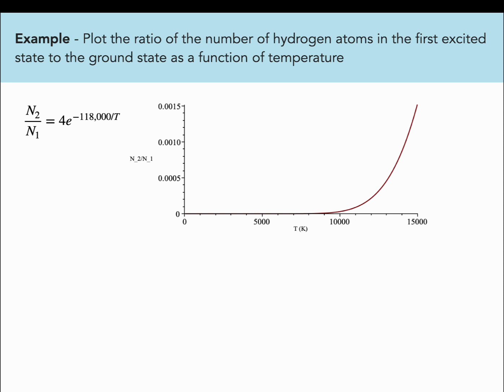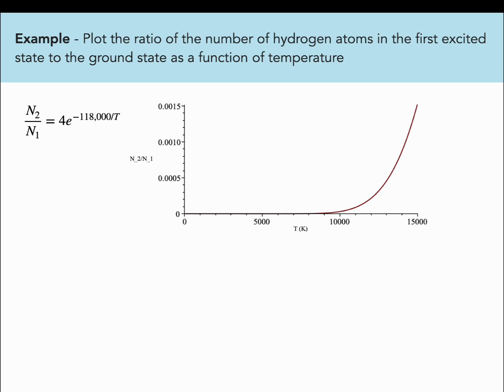So if you plot this, we're plotting from 0 to 15,000 degrees Kelvin. At low temperatures, this is a very, very, very tiny number. As the temperature increases, this ratio goes up. But even by 10,000 degrees Kelvin, you're still pretty small, still less than 0.0001 for this ratio.